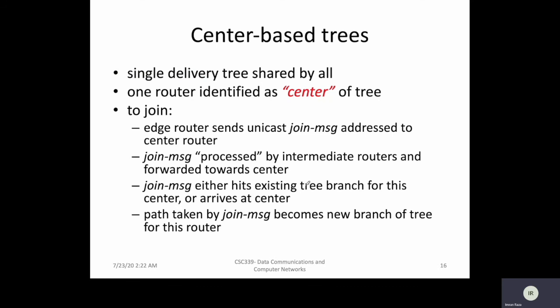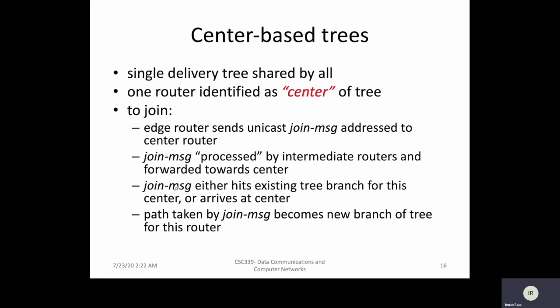So center-based tree means that we have a single delivery shared tree that is being shared by all the sending nodes. An edge router sends a unicast join message addressed to the center router, right? And then this join message is processed by the intermediate routers towards the rendezvous point or the center router.